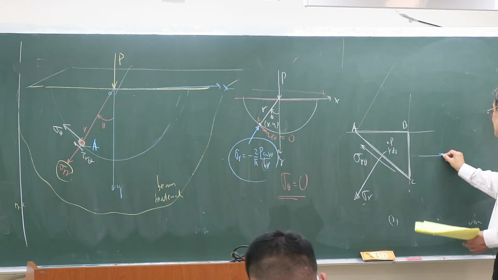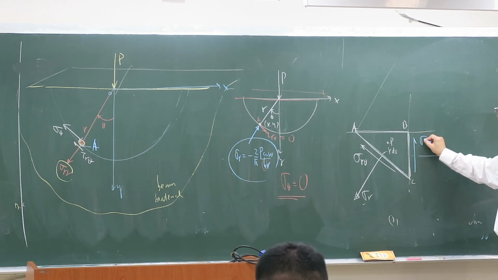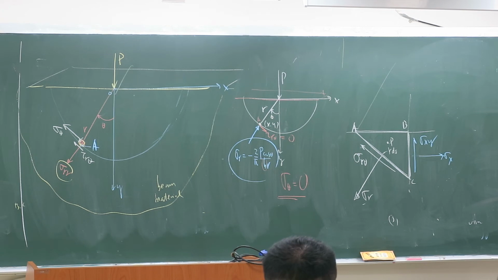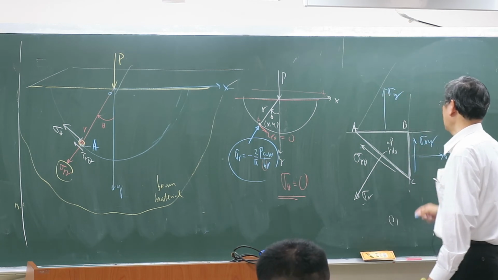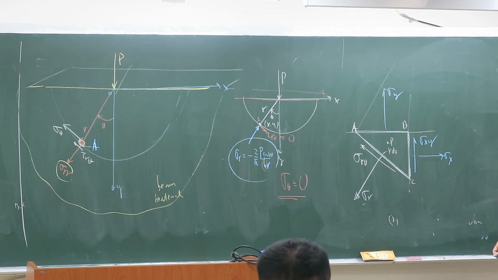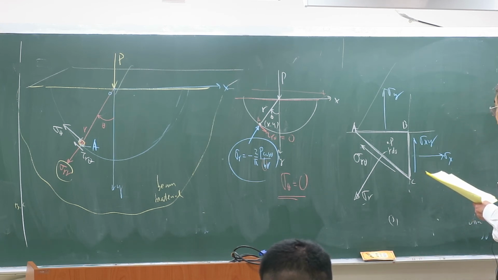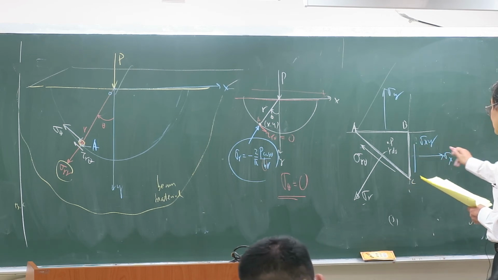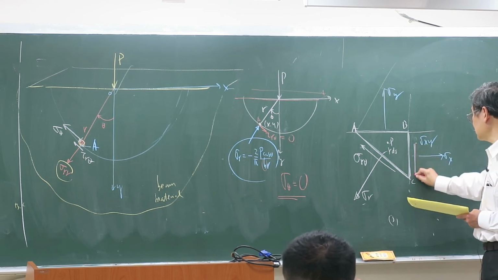I use this as sigma X, and here I have sigma X. And here I have a stress sigma Y. So I have negative, so it should be, because shear will be positive, so this is pointing, so it should be downward.